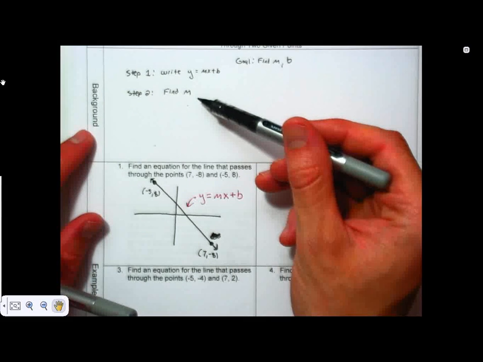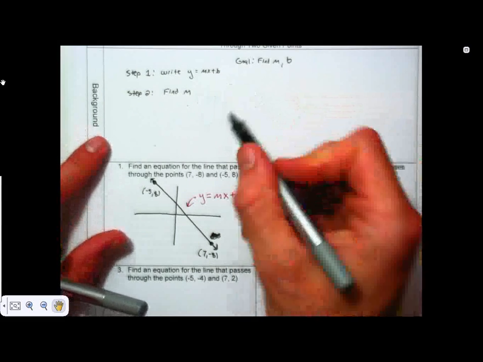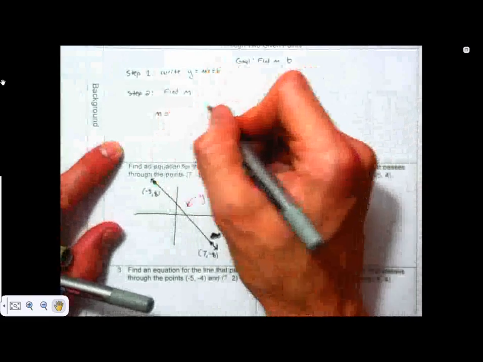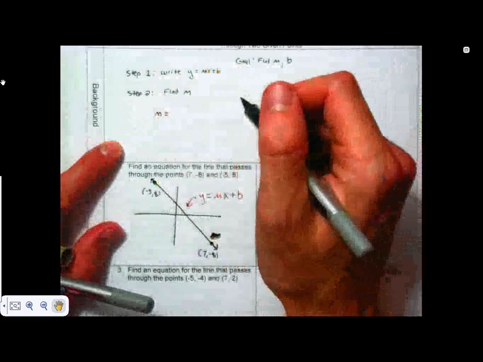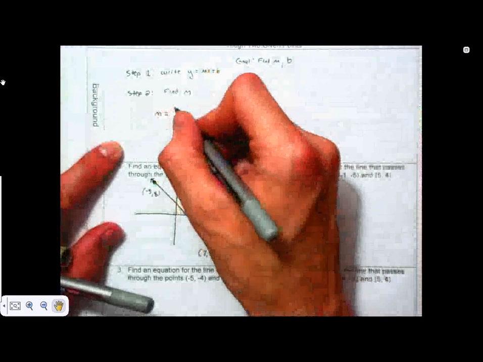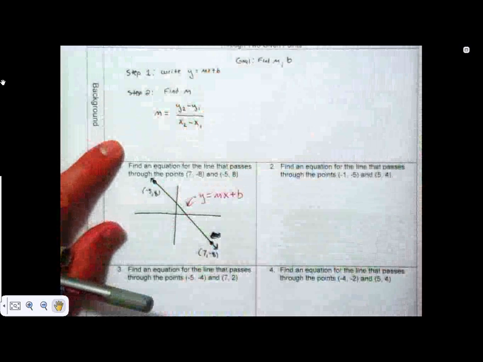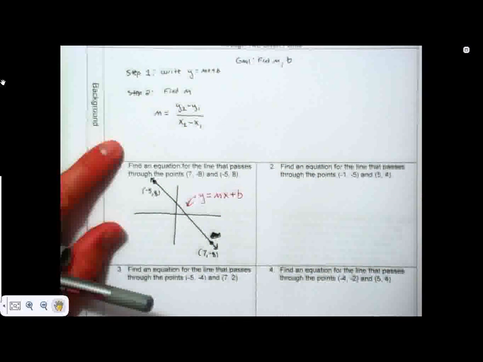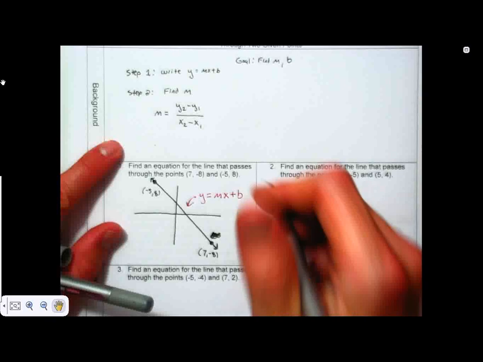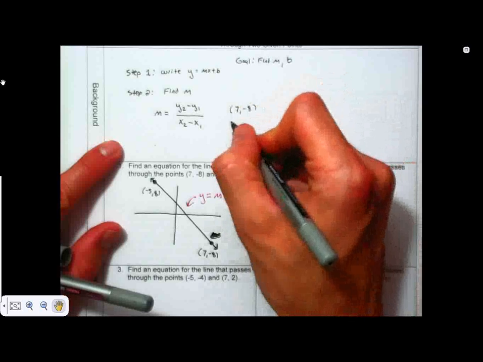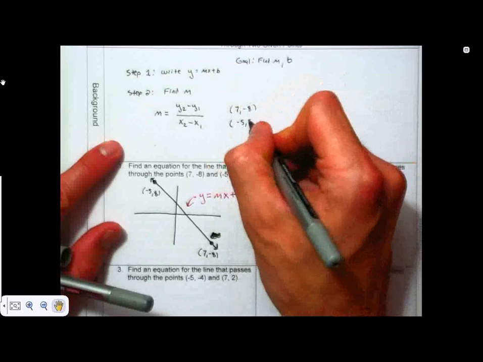The next step is to find m. The way I'm going to find m is by using the same slope formula that I introduced in the video for finding the slope of a line through two given points. If you haven't seen that, take a look at that video before going any further. The equation I'm using is this one, and what we have are 2 points: (7, -8) and (-5, 8).